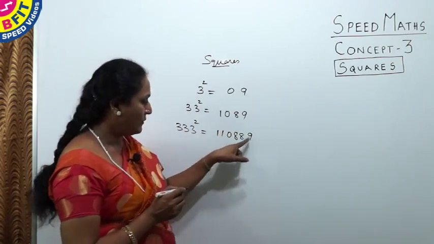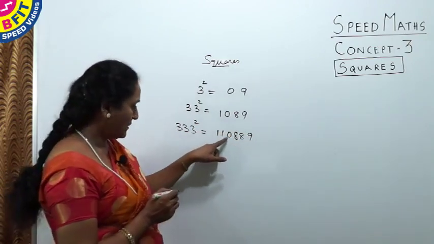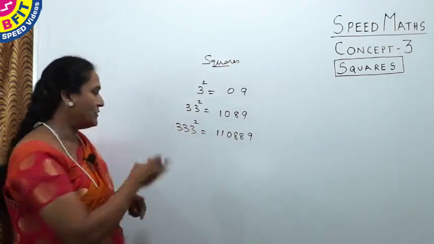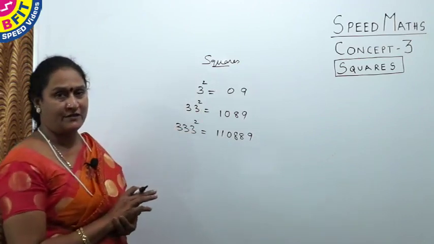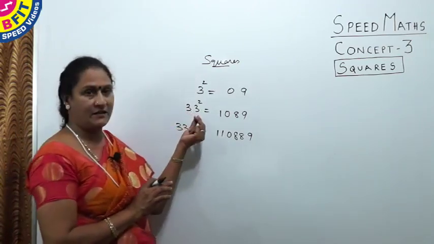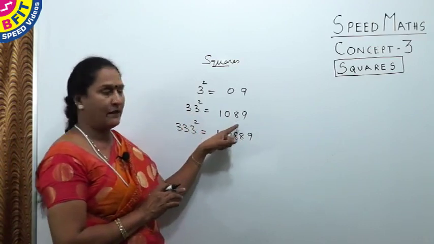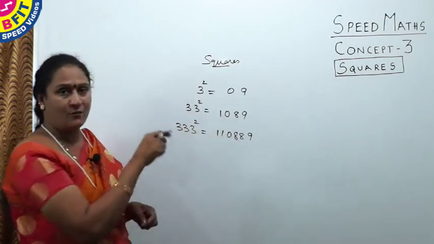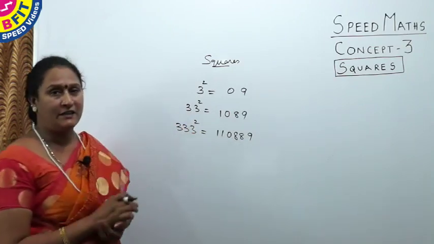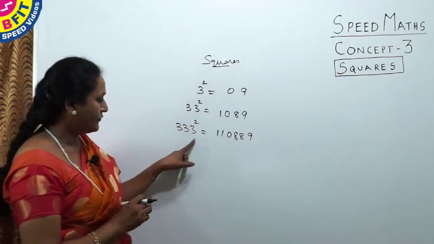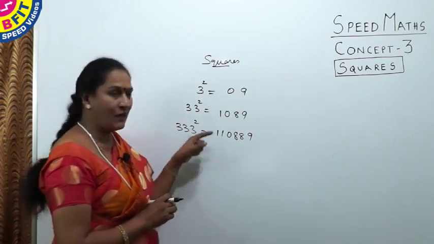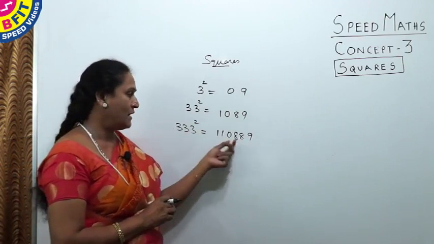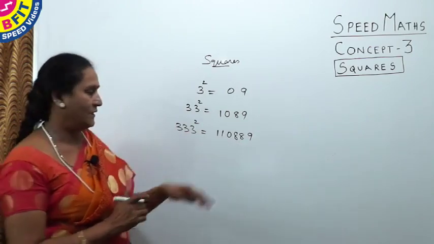This number will be 1 less than 9 and this number will be 1 more than 0. Following the same pattern you can find squares of any number of 3s. So 33 square is 1089. The 0 and 9 are retained and we increase the number of 8s and 1s as the number of 3s increases. You will have one less than the number of 3s, so two 1s and two 8s, and we write the 0 and 9 in the middle.